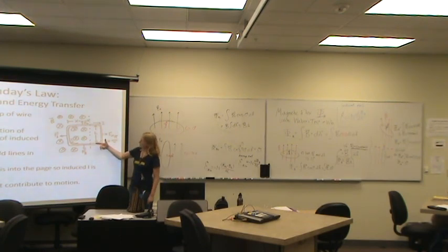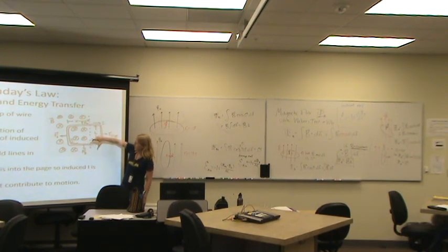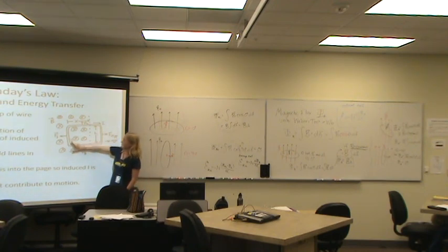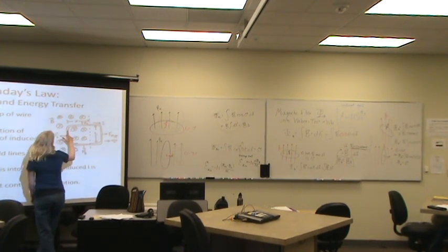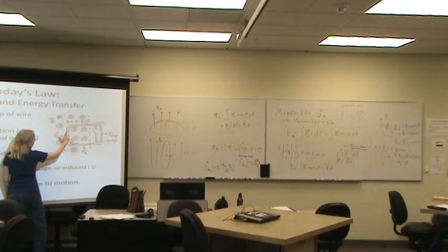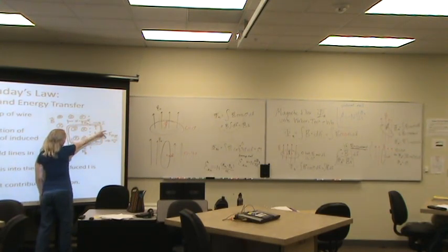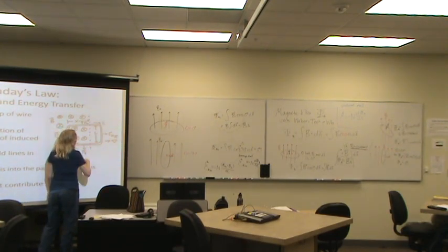For this section of wire, our current, we said, was clockwise, so the current's this way. The external B field's into the board, so the force is down. You can follow your hand around, and the force is to the left on the left side, up on the top, and to the right on the right-hand side.